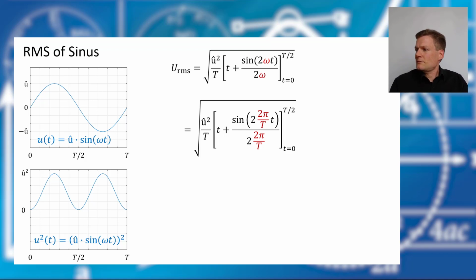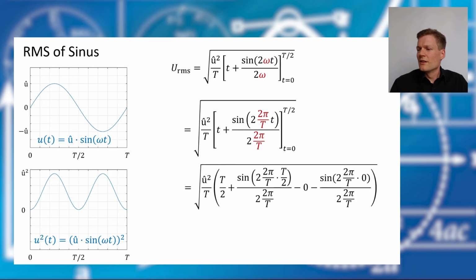And now I can put in the borders. So we have the upper border T/2 I put in for t, and the lower border is t equals 0. Okay, this leads to this expression, and now let's lean back and have a look.